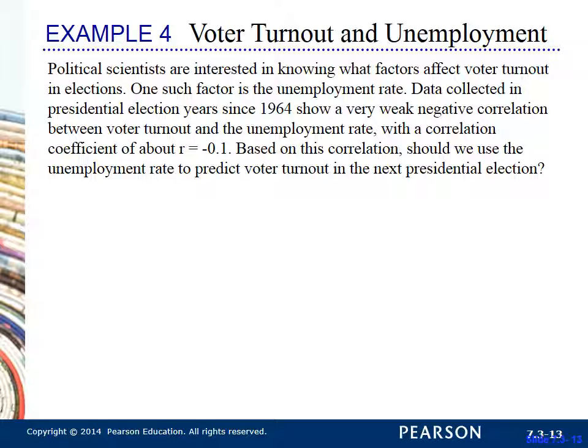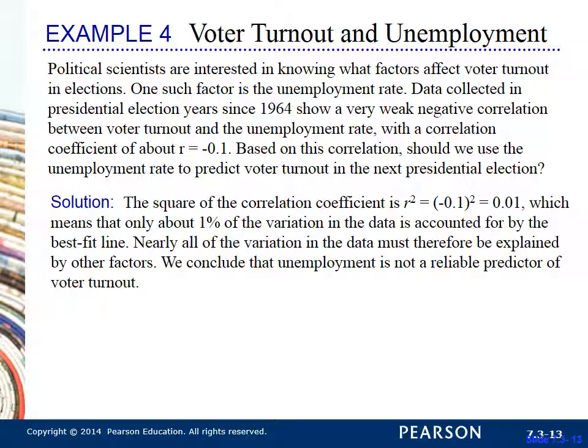Based on this correlation, should we use the unemployment rate to predict voter turnout? So we know the correlation is weak, but we need to take a look at the R squared value, the coefficient of determination, to determine. It's a good name. So the square of this gives me 0.01, which means that only 1% of the variation in the data is accounted for by that best fit line. Therefore, 99%, almost all the rest of it, is explained by other factors.